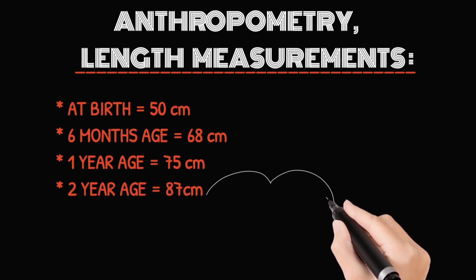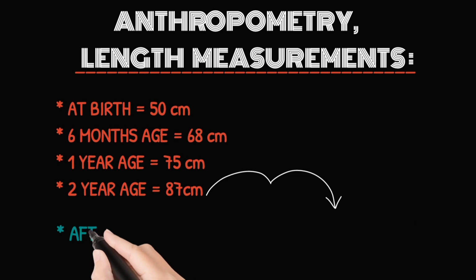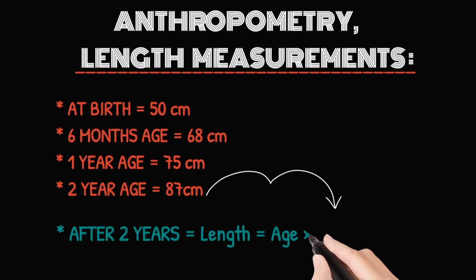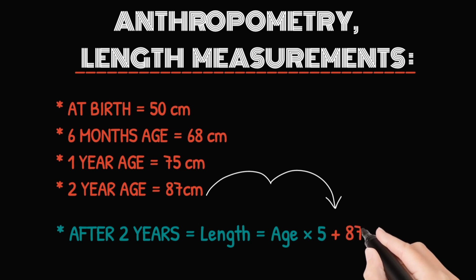Now if you want to find out the length of your pediatric patient beyond 2 years of life, you have to multiply the age by 5 and also add that 87 centimeters that was till the age of 2.